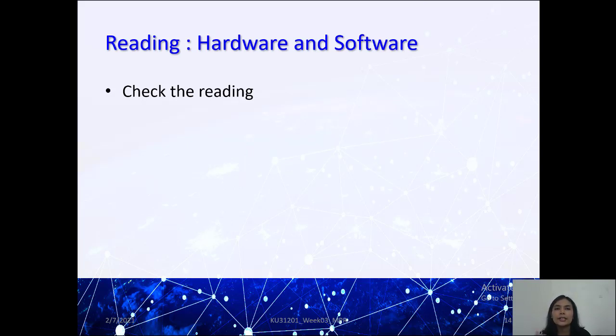Okay, so by listing down the keywords or the important information, you will be able to transfer this information into a diagram. That is one good activity for you before you practice transferring the information into the diagram or a picture.